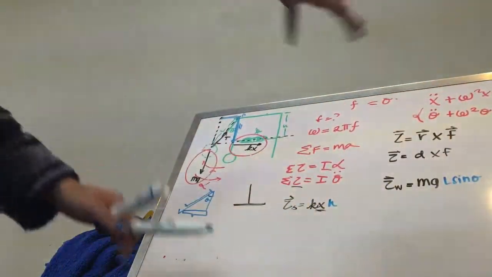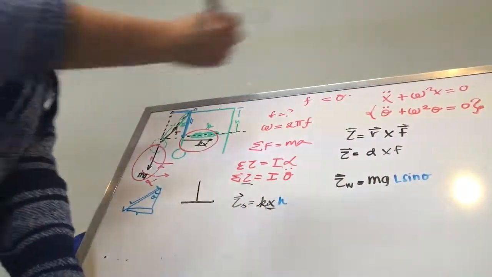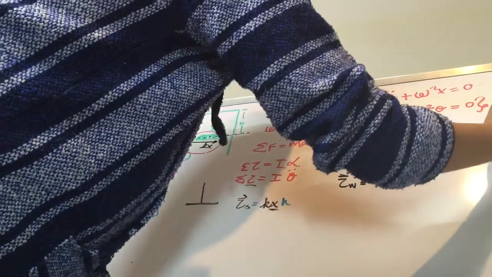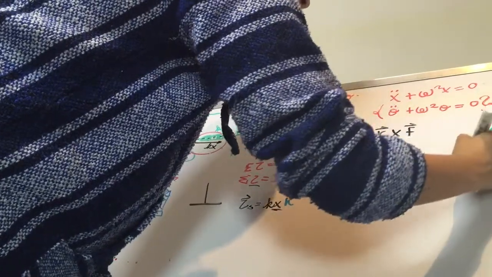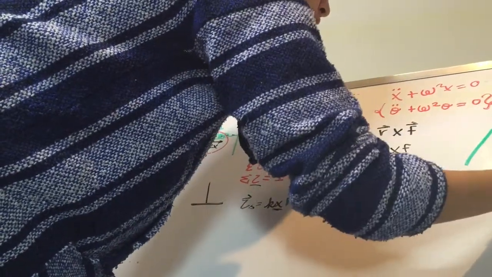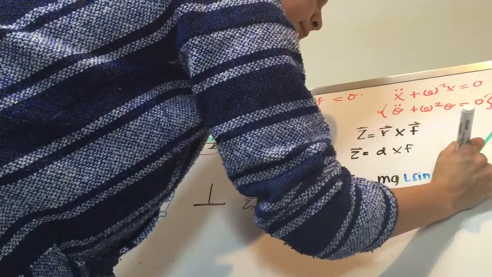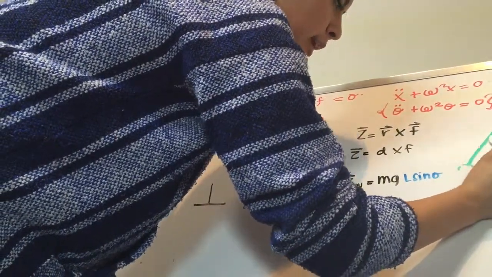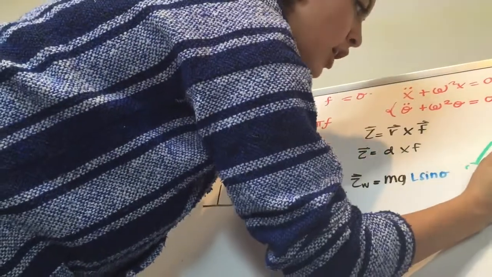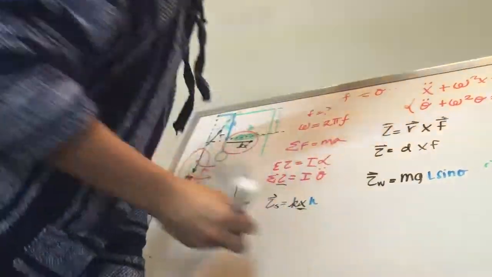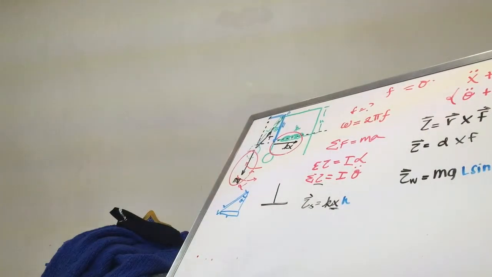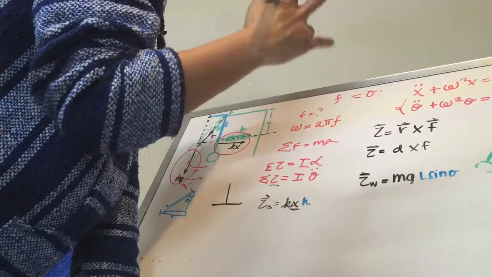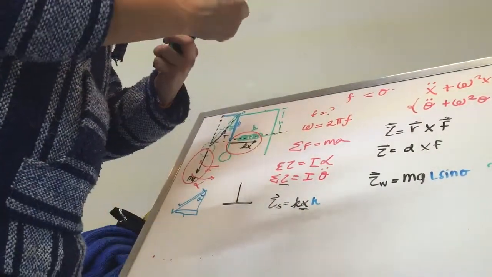I'm going to write it over here because it's a little bit full. So here we're going to have our spring. Something important for us to remember is that this is making a kind of movement like this, so X is for small angles. It's important to determine two things.